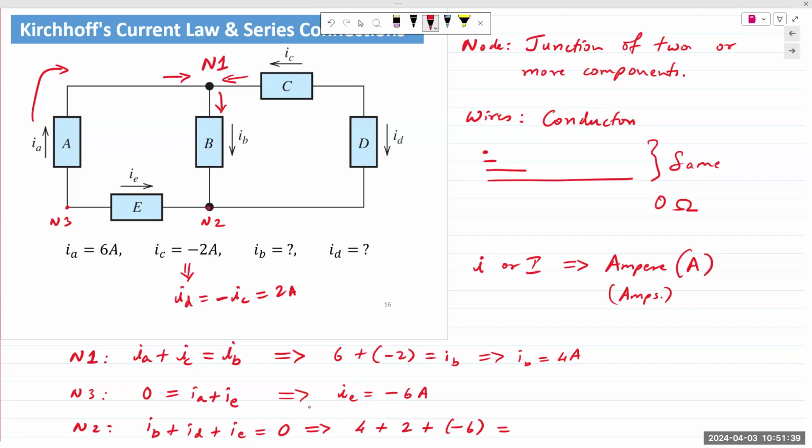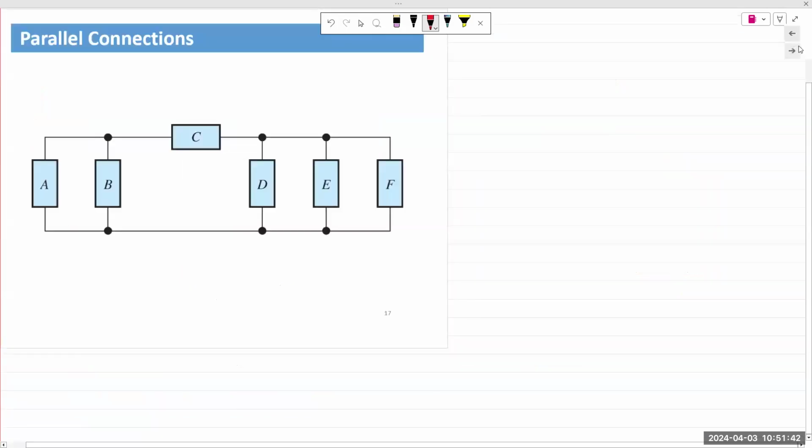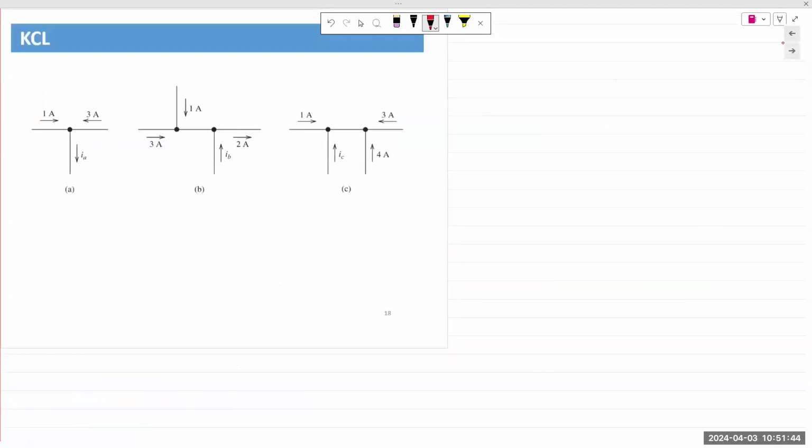Okay. So quickly look at the other examples. KCL. 2 currents entering, so 1 plus 3 equals IA. For part B, I have 1, 2, and 3 currents entering. And so it would be IB plus 3 plus 1 equals 2.